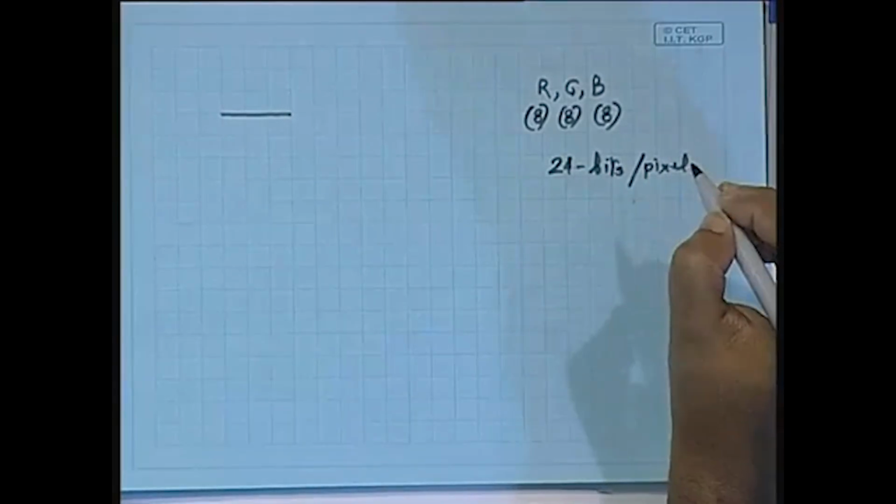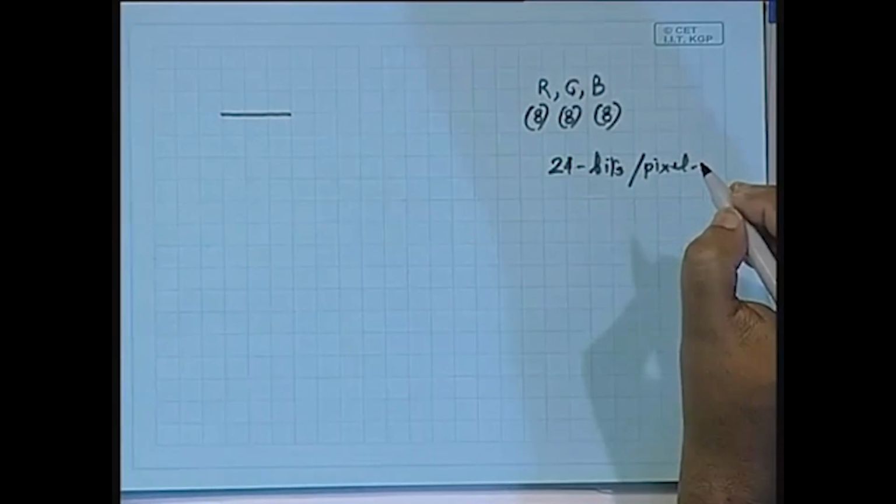But in RGB, the information pertaining to the color as well as the intensity are all embedded together. There is no separate information for the color or for the intensity. The R, G and B values themselves contain the intensity as well as the individual color planes.